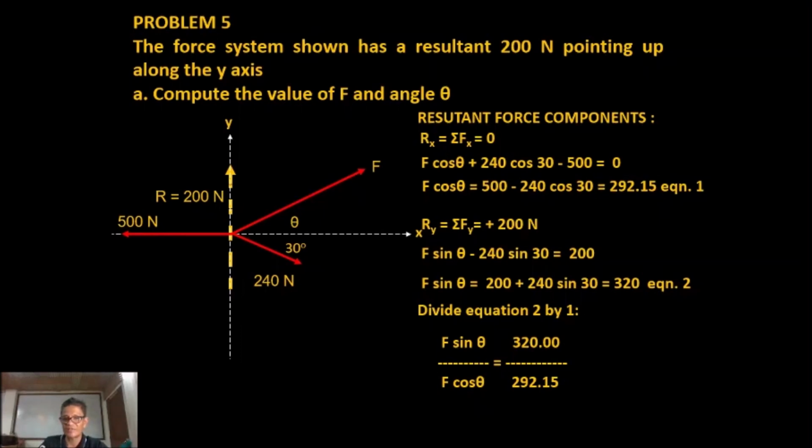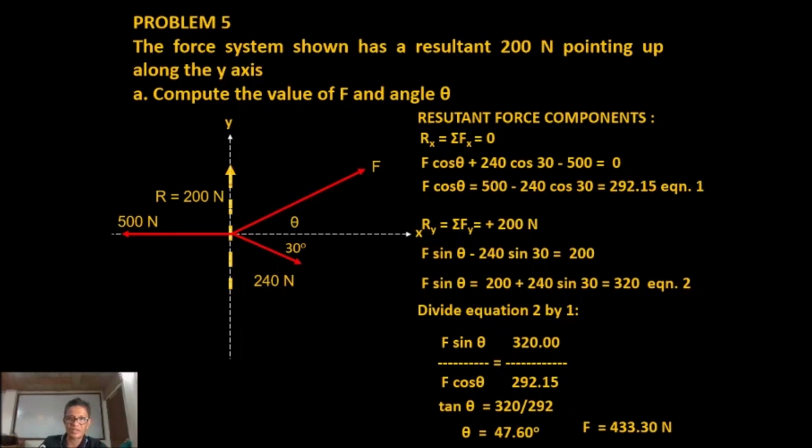So what we did is division to cancel out the F. F will be cancelled out, yielding sine of theta over cosine of theta, and that is equal to tangent. So tangent theta is equal to 320 over 292, giving us theta equal to 47.60 degrees, and solving for F, F is equal to 433.30 newtons.